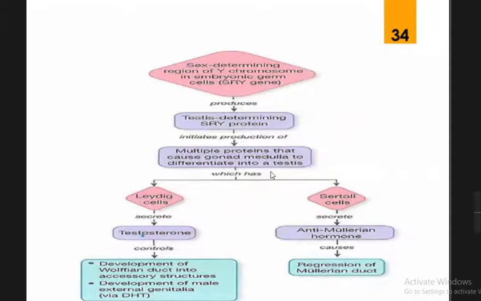One, the Leydig cells are going to secrete testosterone, and the testosterone is going to govern the development of the internal duct system or the internal structure development, and then development of the external genitalia. The Sertoli cells are also going to secrete a very important factor, the anti-Müllerian factor.